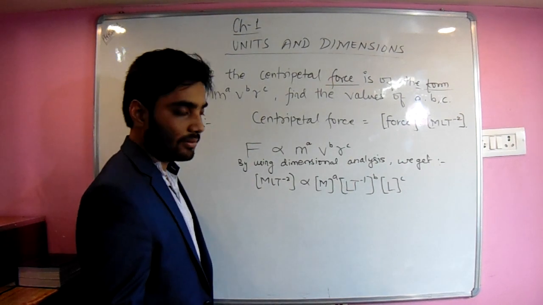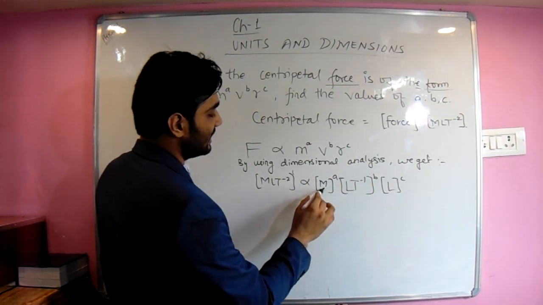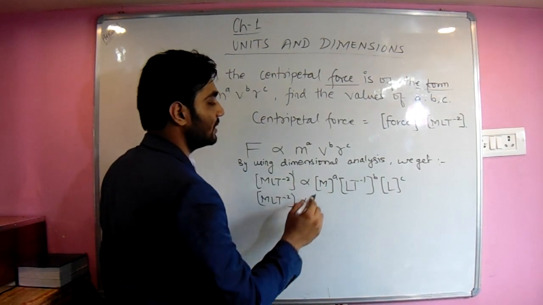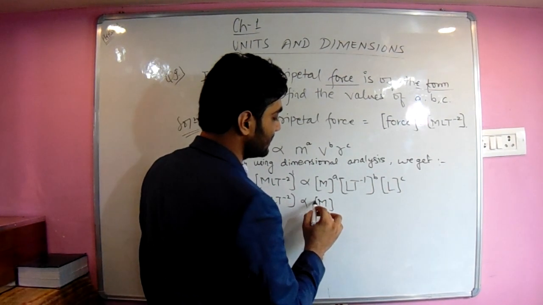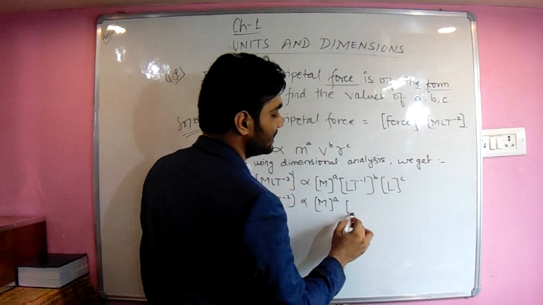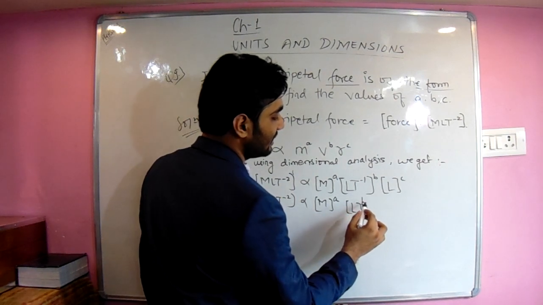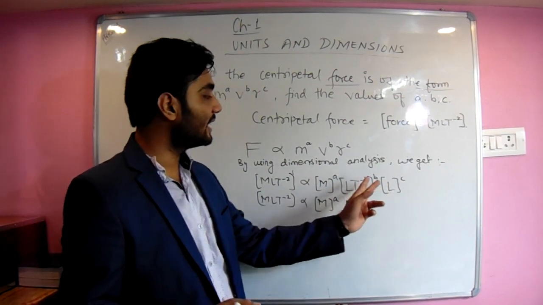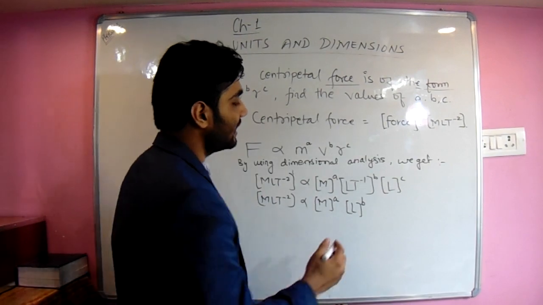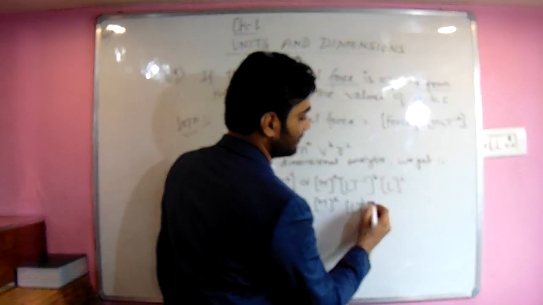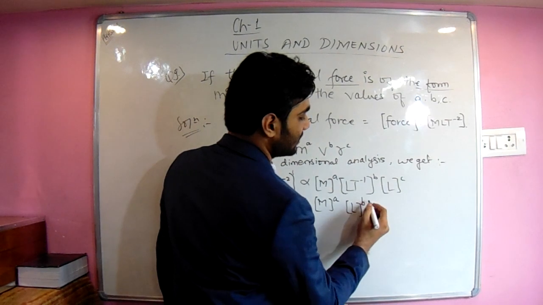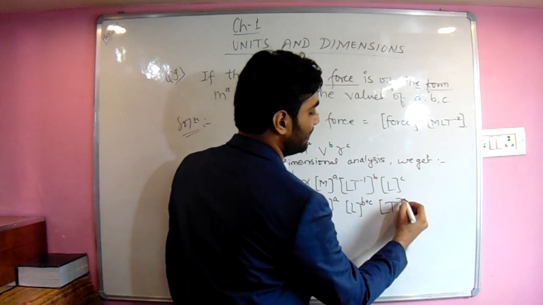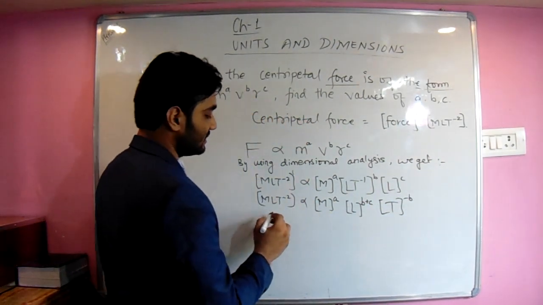MLT minus 2 has no power, so power 1, it contains MLT minus 2, directly proportional to M to the power a, as it is, L to the power B and L to the power C. Both are exponents B and C, so we add this, because bases are same and multiplied to each other, so exponents are added, B plus C, T, and T finally minus B, and we compare this.